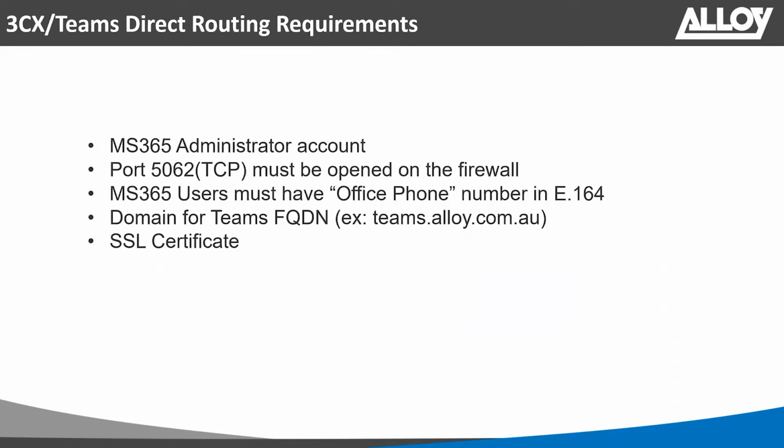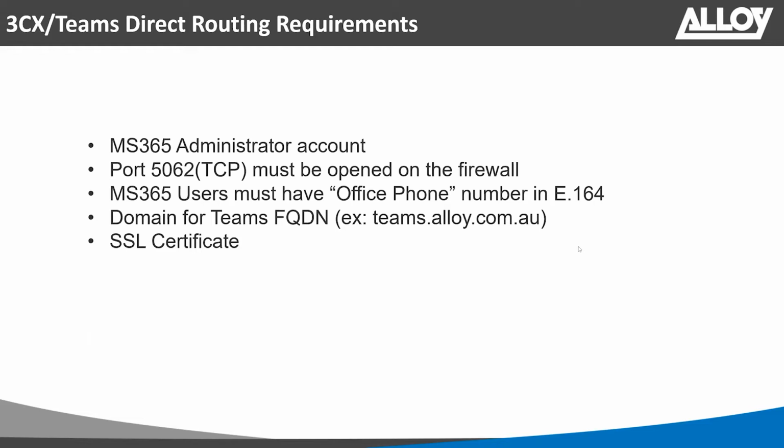So let's look at the basic requirements we need to configure Teams direct routing with 3CX. You'll obviously need an Office 365 administrator account to make all the changes on Microsoft 365. And 3CX communicates with Microsoft Teams on a new SIP port, which is 5062.